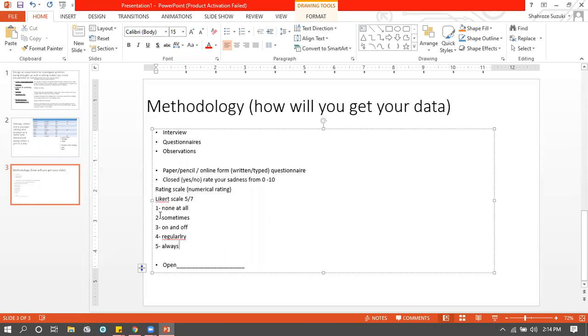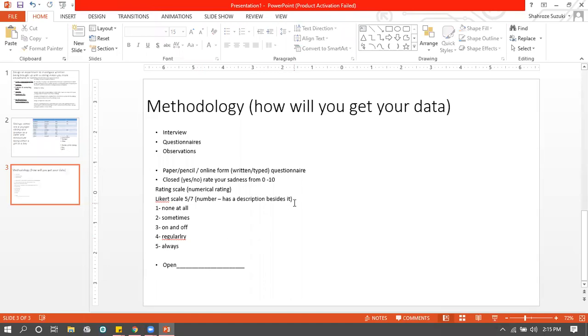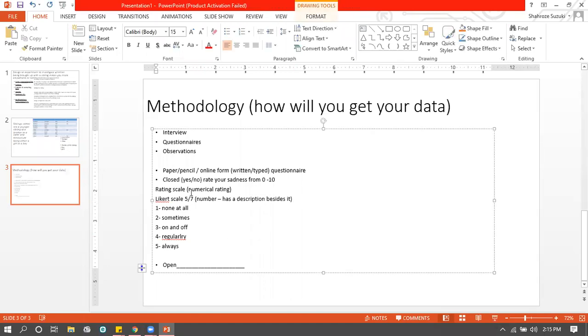These are called Likert scales. Every number has a description beside it. Rating scales don't have a description beside every number, it's just 0 to 10. Likert scales have a description beside each number. So we commonly use these two.